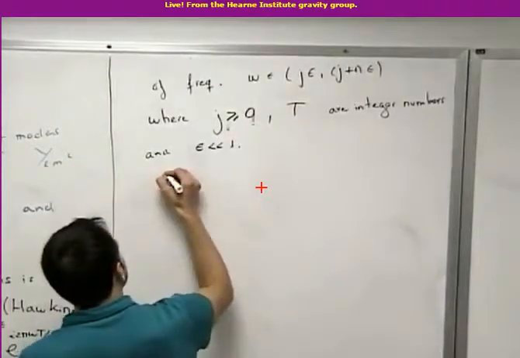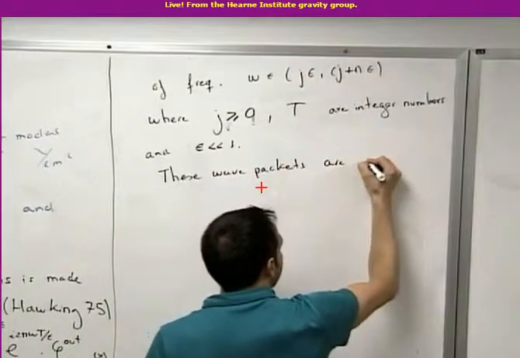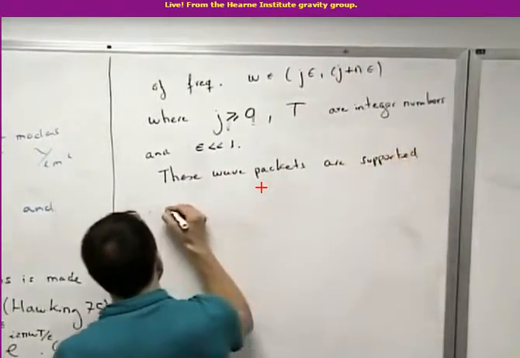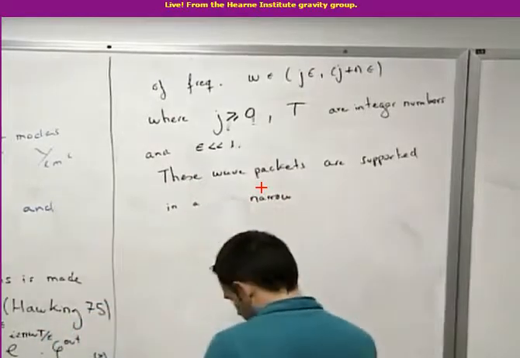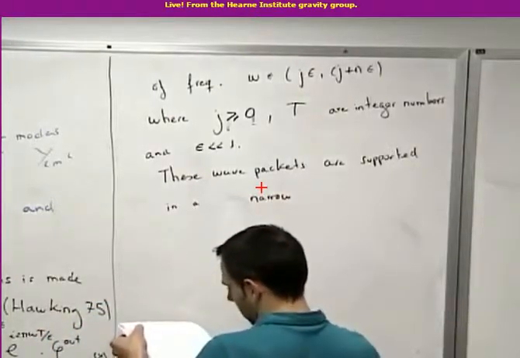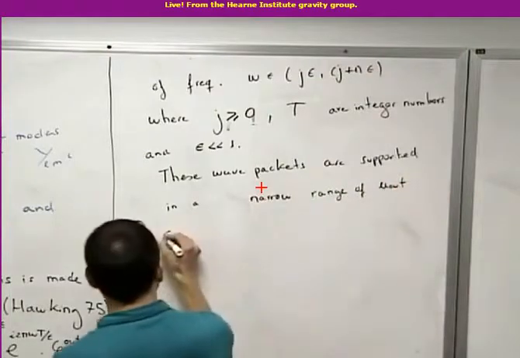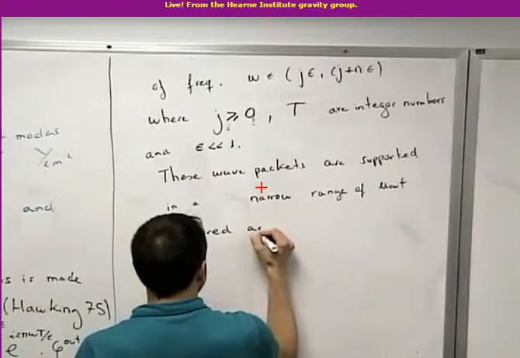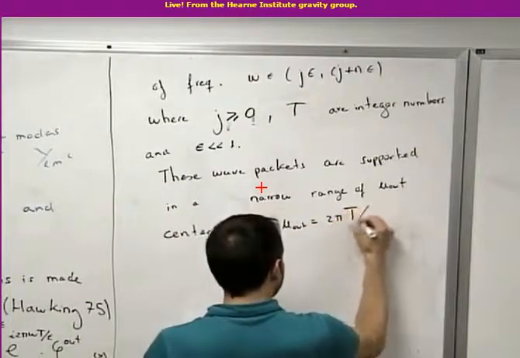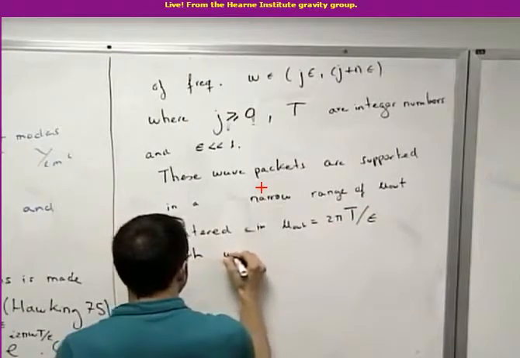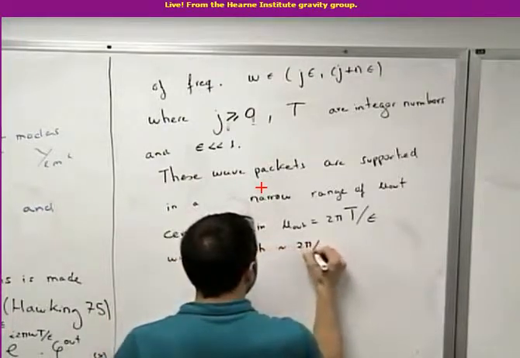In addition, you can check easily that these wave packets are supported in a narrow range of u out, centered at 2 pi T over epsilon, with width of the order of 2 pi epsilon.